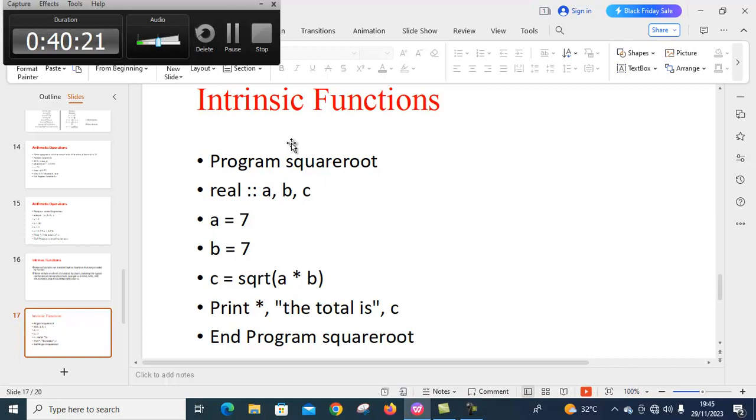When I talk about intrinsic functions, there are also some other rules which we'll talk about later. Very, very important rules. Just like I said, one of the intrinsic functions is square root, SQRT. You are asked to find the square root.